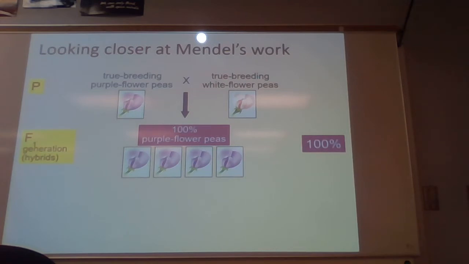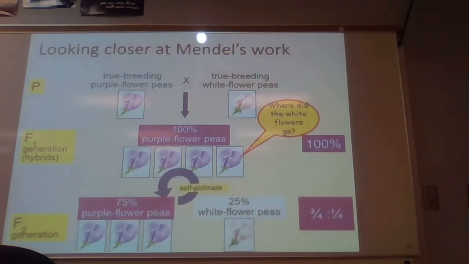He let those F1 plants self-pollinate, and he ended up getting the F2. And that ratio was very close to 3 to 1. About 75% of that F2 generation is purple, about 25% is white. So 3 out of 4 purple, 1 out of 4 white.